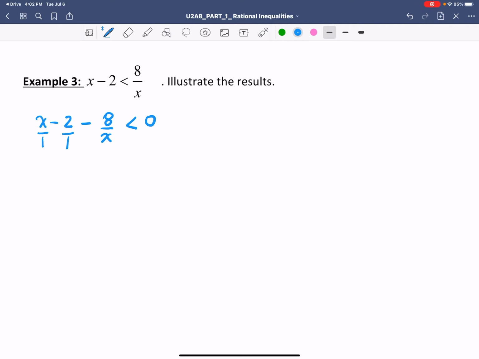And in the next step, I'll make them all have the same denominator, which means with the lowest common denominator of x, we'll have to multiply by x over 1, so x over x, and then 2 over 1 is multiplied by x over x. Now my expression looks different, but it still has the same value. x times x squared, minus 2 times x, 2x, minus 8, all this divided by x.